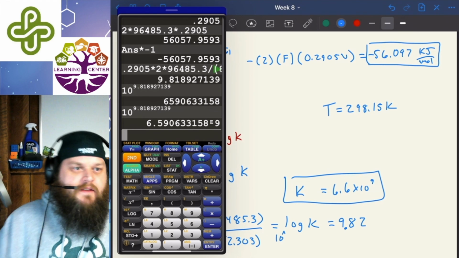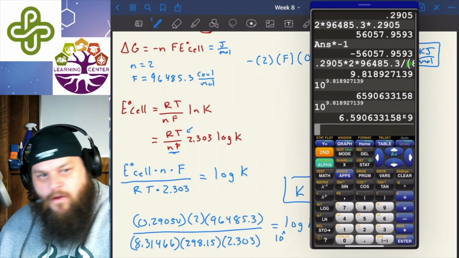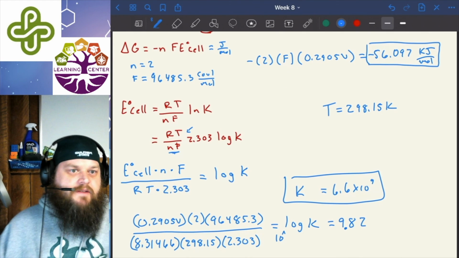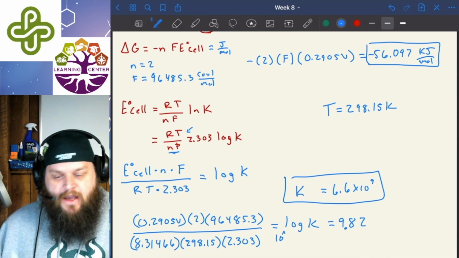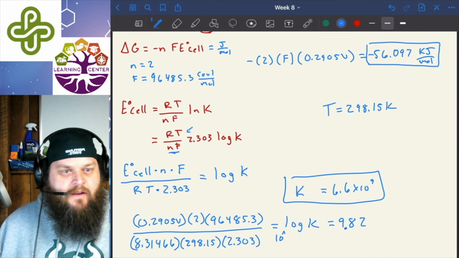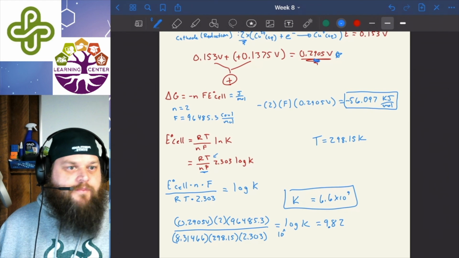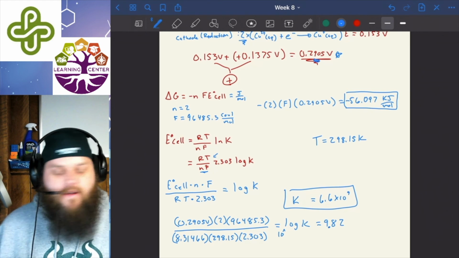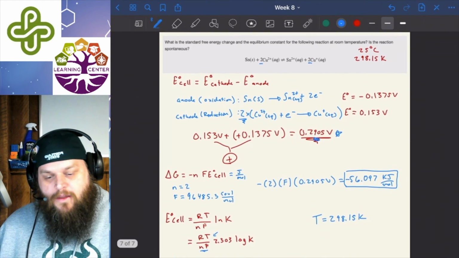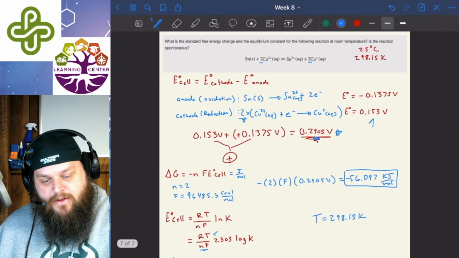And that's it. That's how we can solve for the different thermodynamic properties of the reactions happening within our cell. We can solve for that delta G, the potential of the cell, and that K value just by looking up a few simple voltage parameters on the tables.